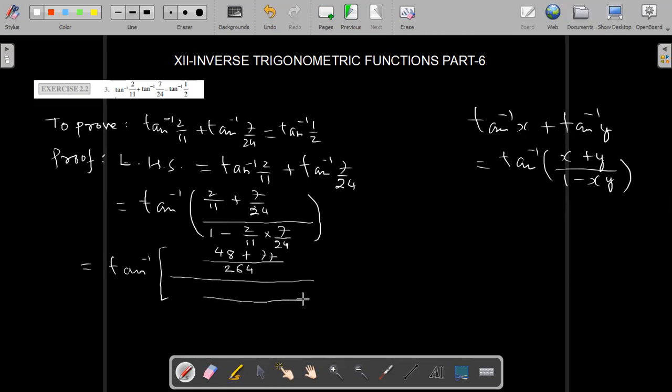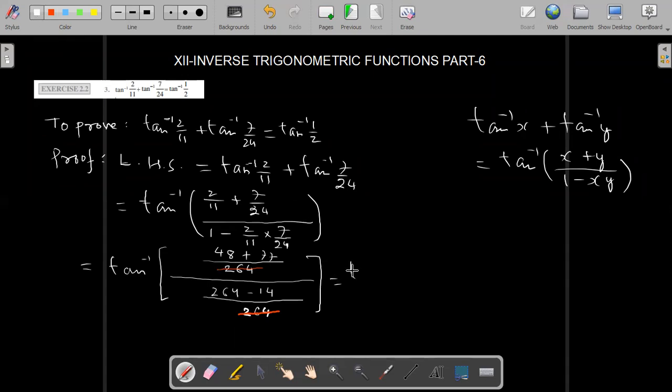Similarly, in the denominator also, 24 into 11, again 264 is the LCM here. 264 into 1 is 264, minus 7 into 2 is 14. And here this 264 will cancel with 264.